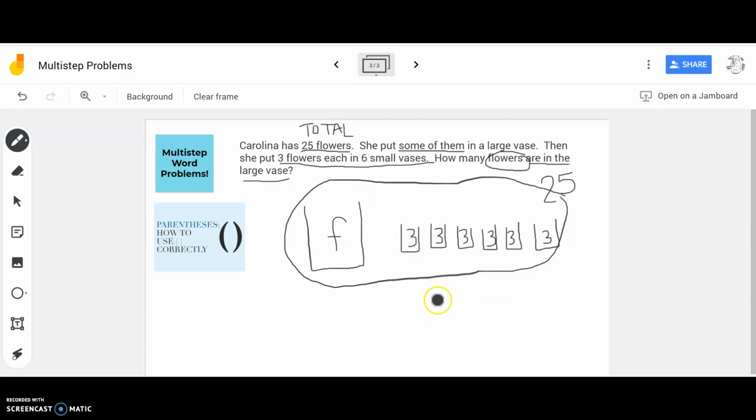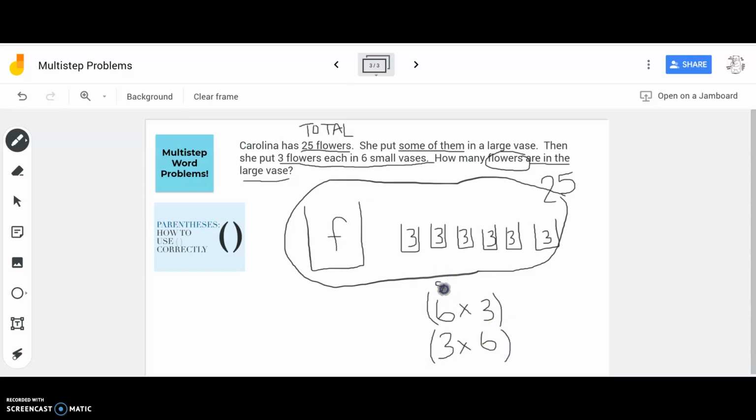Well, I know that there are 6 vases that each have 3. I could write it like this, or I could say there are 3 flowers in 6 groups. I can flip those. That's called the commutative property. I can do either, it doesn't matter. But I'm going to put those both in parentheses because that represents my small vases. Just label it for me.